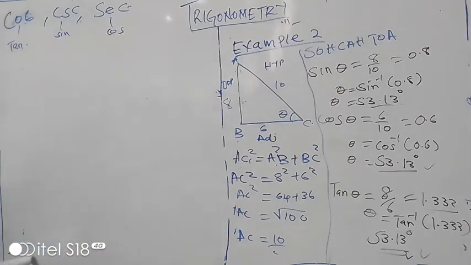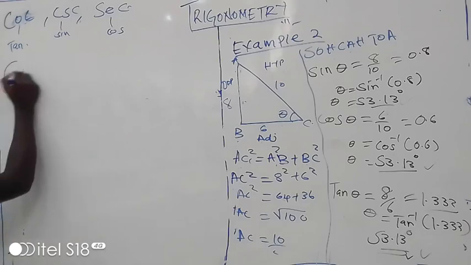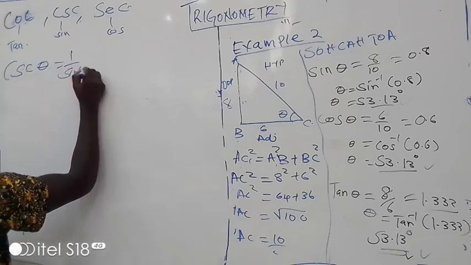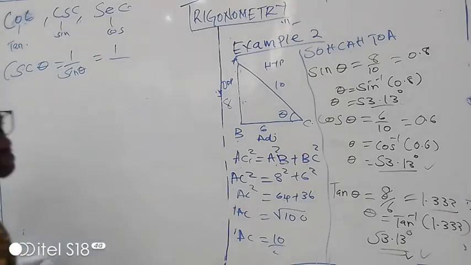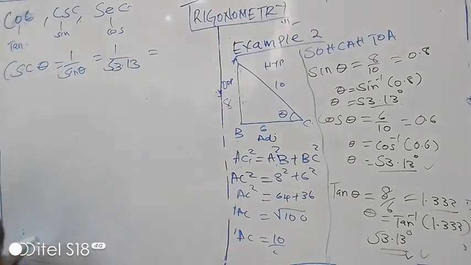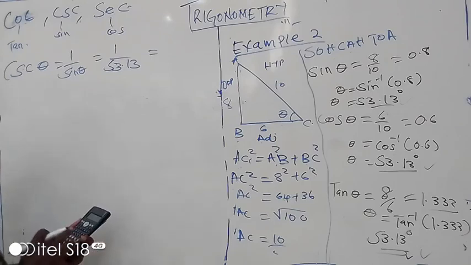Now, having known that, we can solve for cosec theta, which is equal to 1 over sine theta. In this case our theta is 53.13, so we take a calculator and solve this.